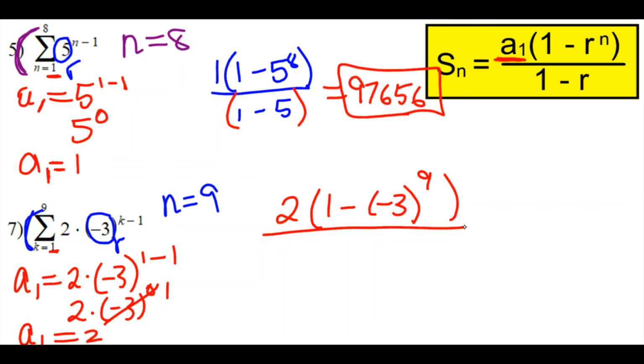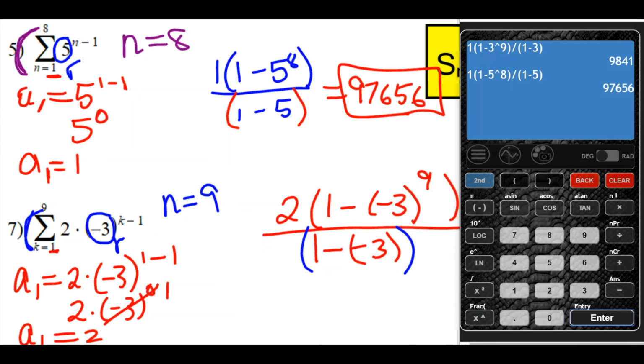To the 9th power over 1 minus negative 3. Put the bottom in parentheses or you're going to get it wrong. 2, parentheses 1 minus, put the negative 3 inside parentheses, and then raise it to the 9th power and close off the top. Divide by parentheses 1 minus parentheses negative 3. 9,842.